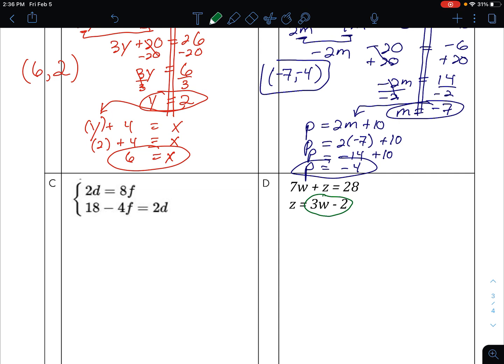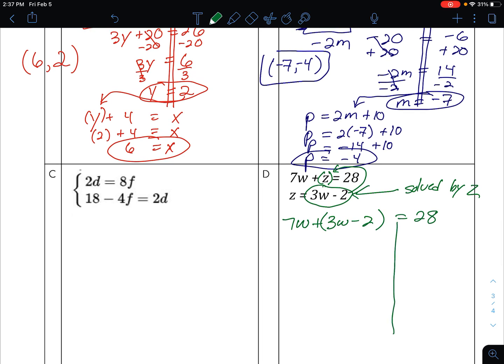I have this equation right here solved for z. So that means I can take that and substitute it in for z in the first equation. So I get 7w plus 3w minus 2, so I'm substituting that in, is equal to 28.